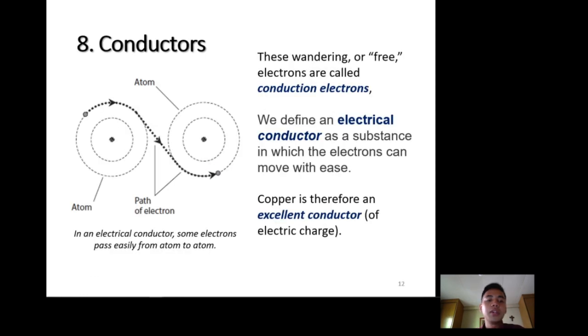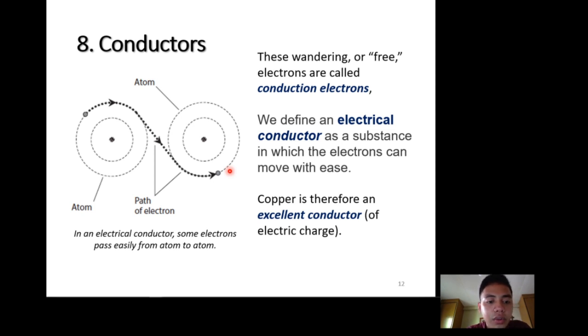Okay, so then we have conductors. These wandering or free electrons are called conduction electrons or conducting electrons. So when the electrons travel from one atom to another, we define an electrical conductor as a substance in which the electrons can move with ease.